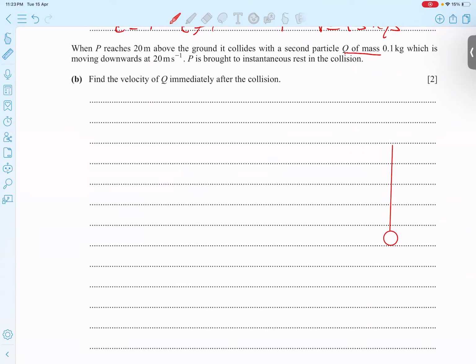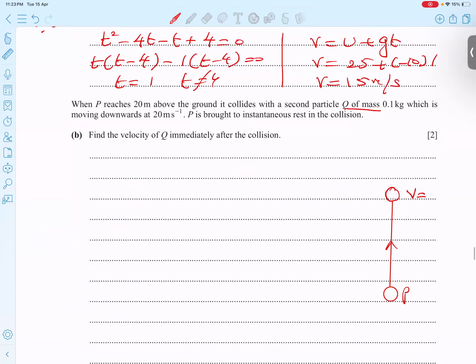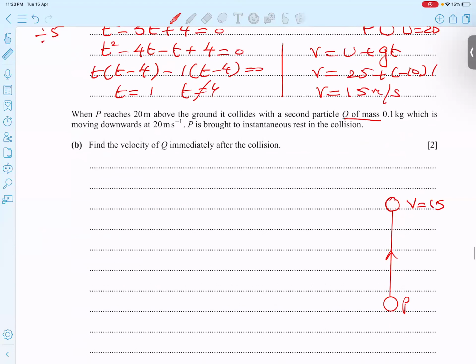At that moment, the P particle has a speed of 15. And let's say the observer is here.